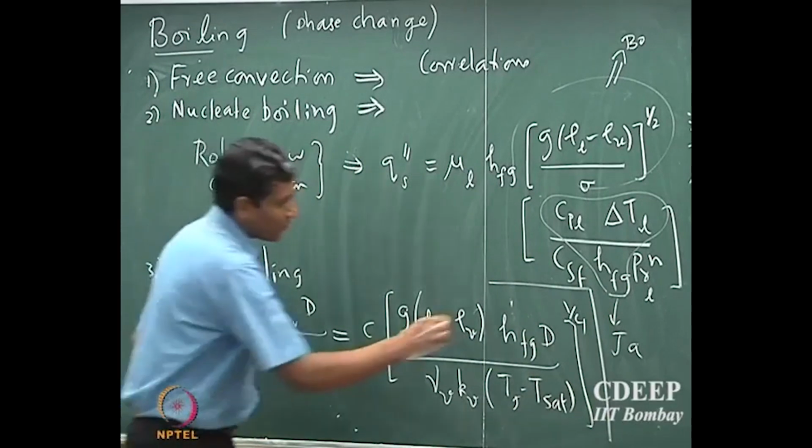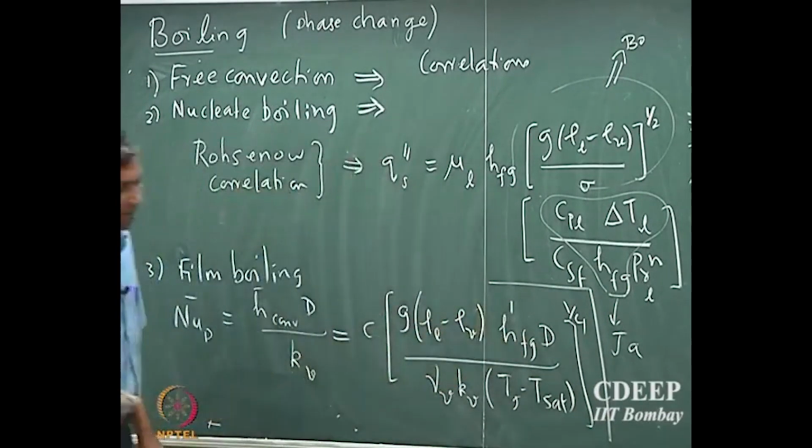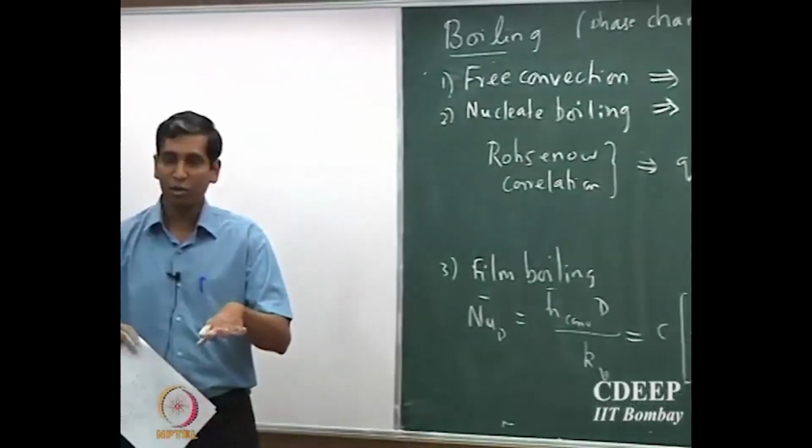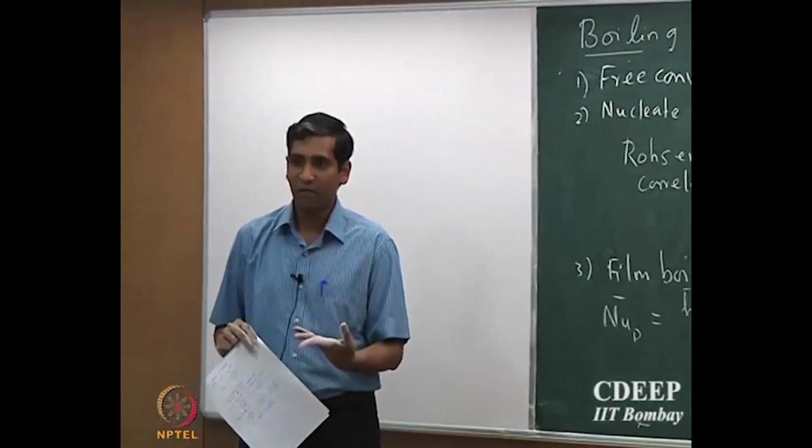So Hf, I have put a prime here. The reason I have put a prime is that, depending upon the temperature difference, it could be just the conduction mode of heat transport at the boundary, or you could also have a radiation mode of heat transport.